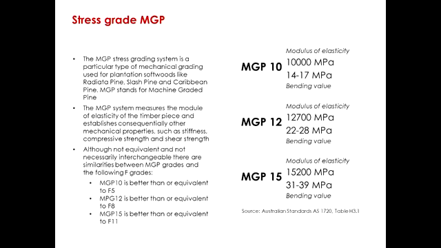It is possible, to a certain degree, to make comparisons between machine grading and visual stress grading. For instance, we know that an MGP10 would be equivalent to slightly better than an F5, and so forth. All right?